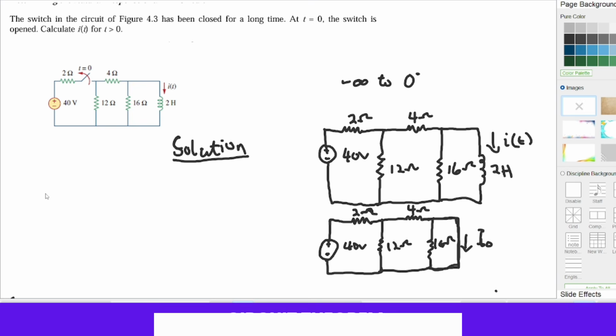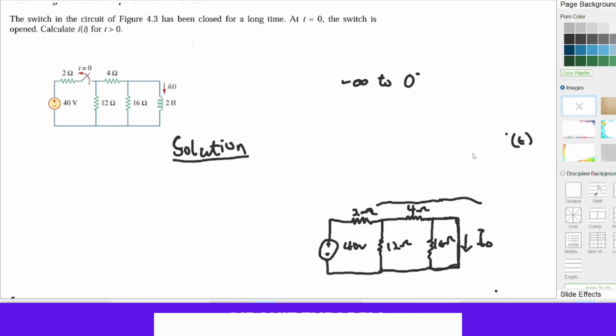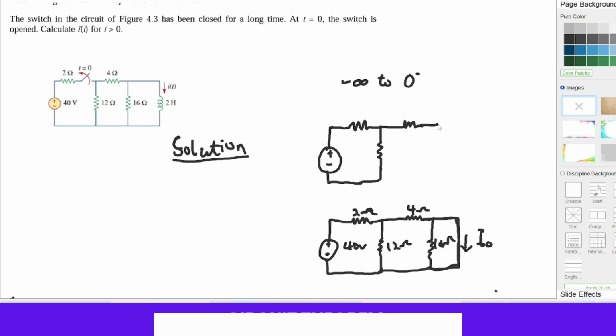Hence, we can redraw our circuit as though there's no 16 ohm resistor. Then my 12 ohm resistor. For every short circuit, it is assumed that the current will pass through there easily.